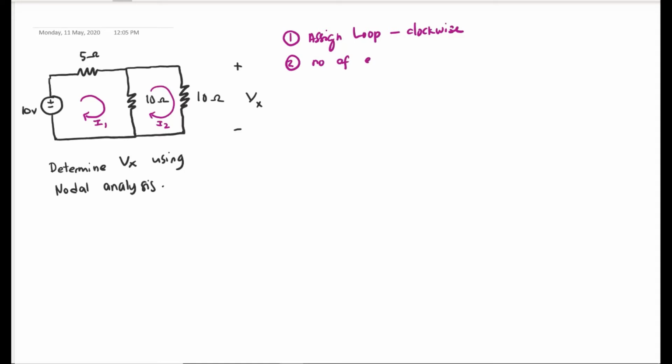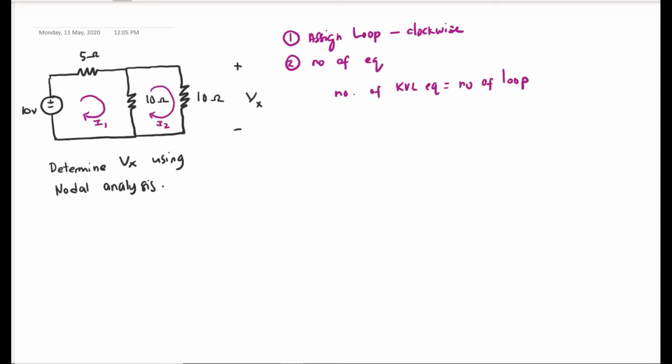Because this circuit consists of 2 loops without dependent source, without any supermesh, the number of equations depends on the number of loops. Number of KVL equations will be equal to number of loops.